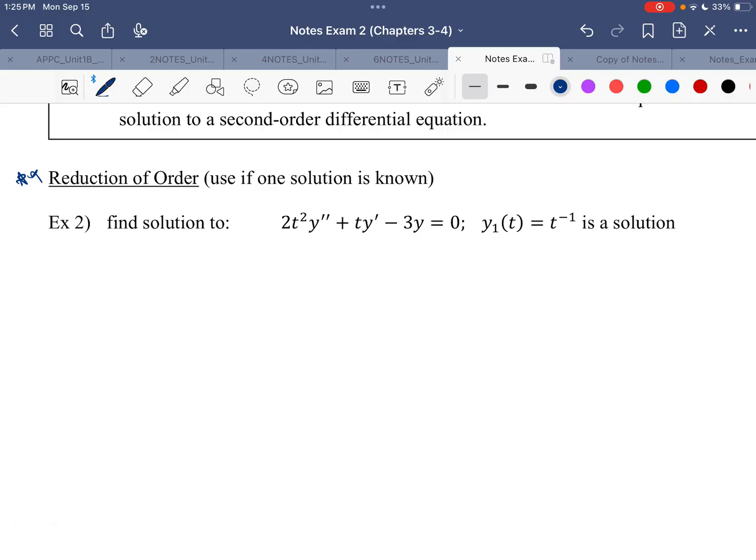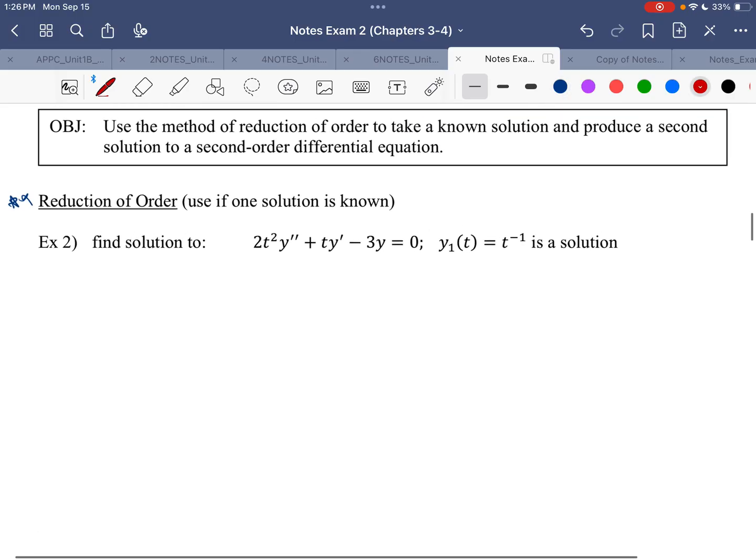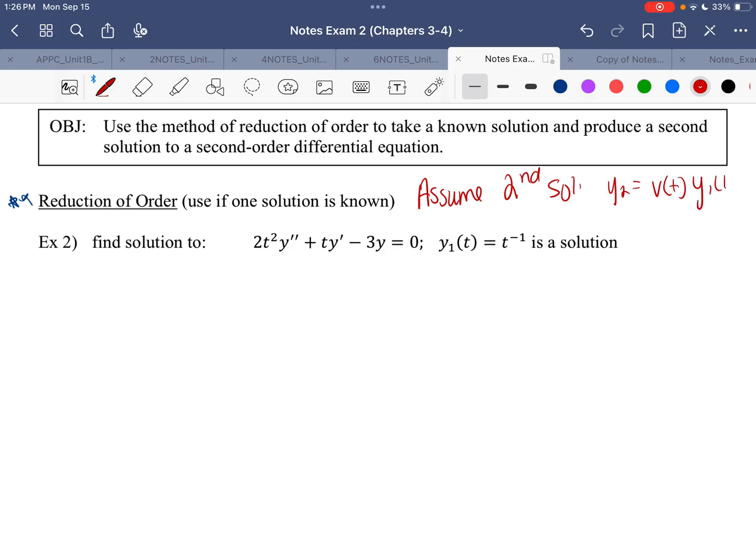So in reduction of order, we need to assume the second solution is y2 is equal to some function times the initial solution. So if we make that assumption, we're saying y2 is equal to v times t to the negative 1, because here's our first solution.